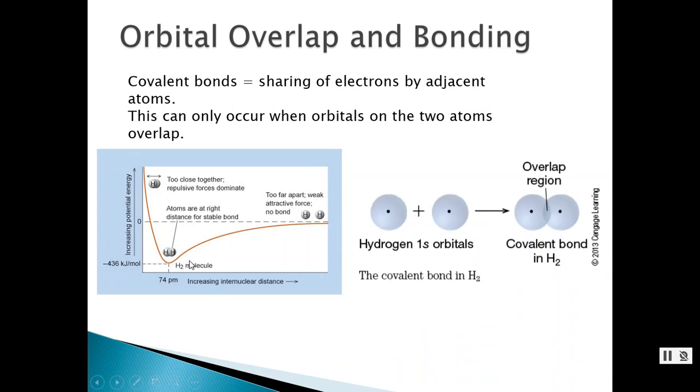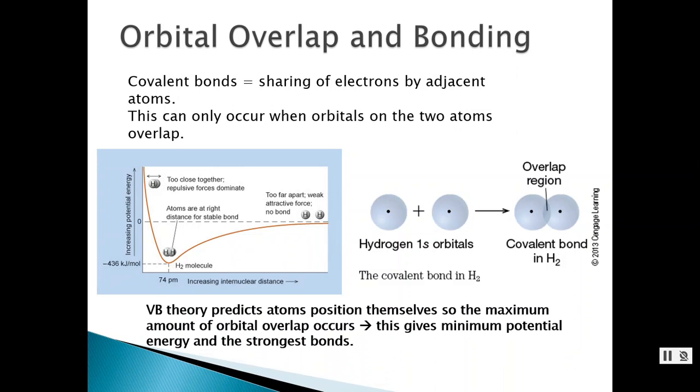So for example, in the molecule H2, each hydrogen has one 1s orbital with one electron. There is some distance that has an energy minimum where that covalent bond can occur, and that covalent bond occurs in the overlap region between the two orbitals.